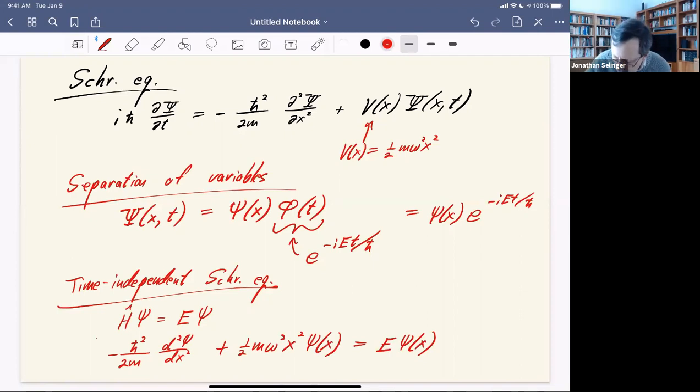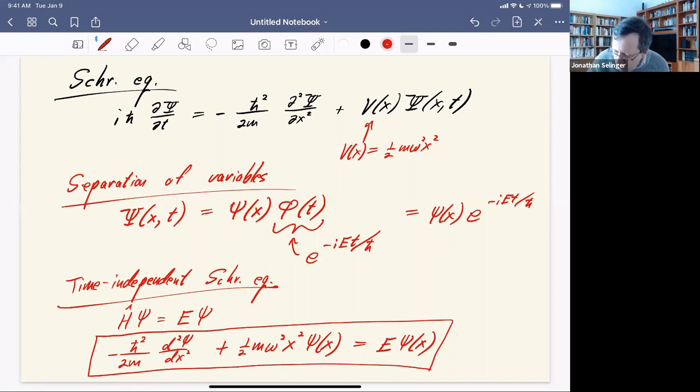Okay, so everything on this slide up till now is like what we're used to. That works for any potential energy. But now comes a new thing, right? That we want to solve this time-independent Schrodinger equation, written out like that, okay? And we want to solve it not just in a box, right? There's no box in this problem.